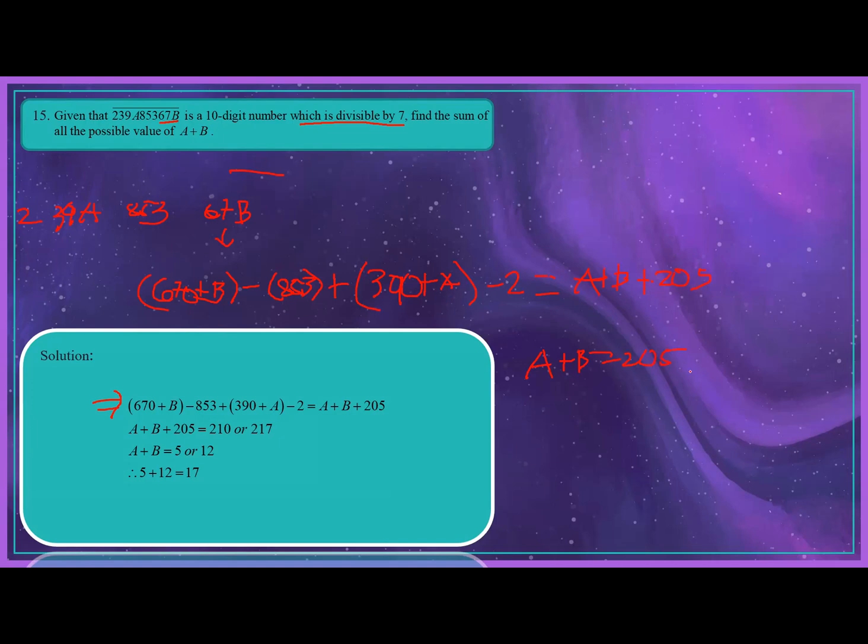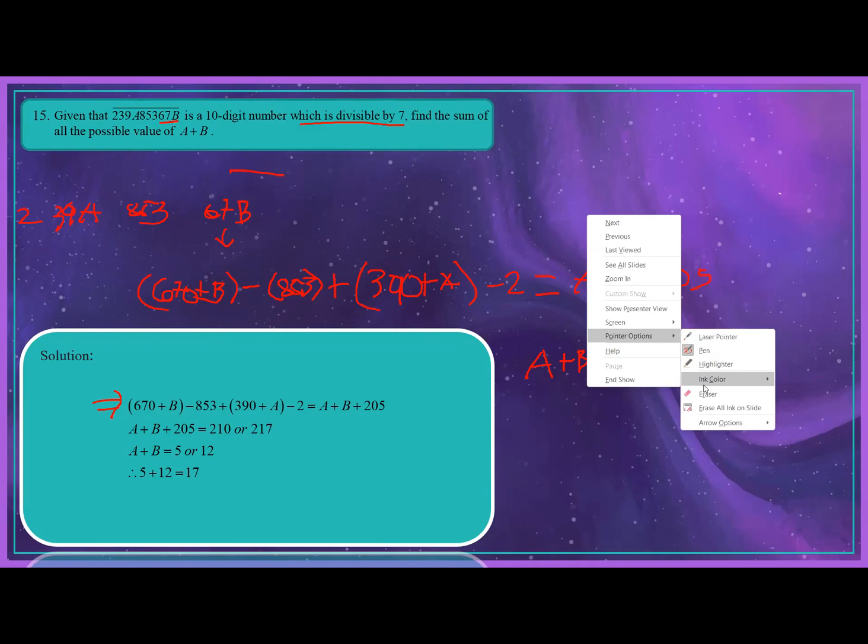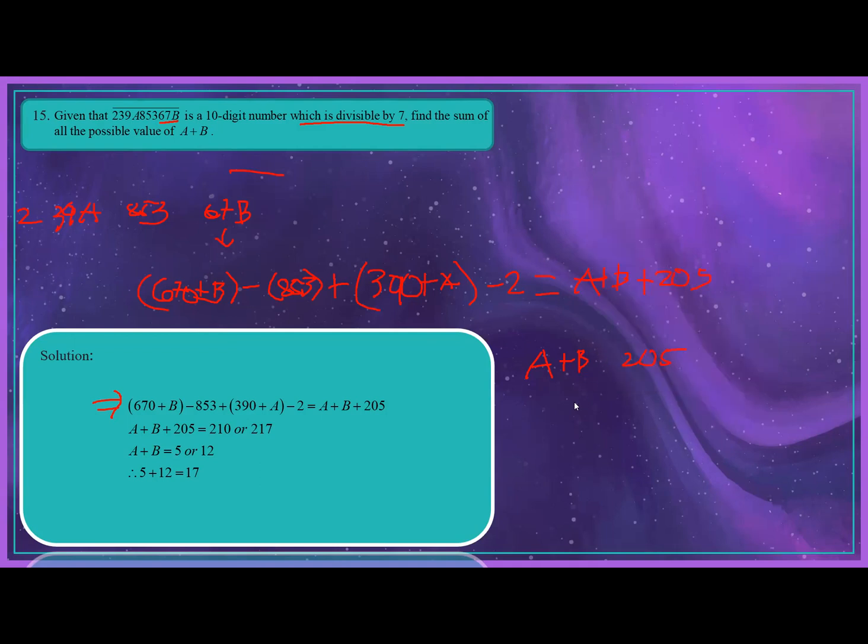So basically, a plus b plus 205 must be divisible by 7. The nearest numbers divisible by 7 here would be 210 and 217.